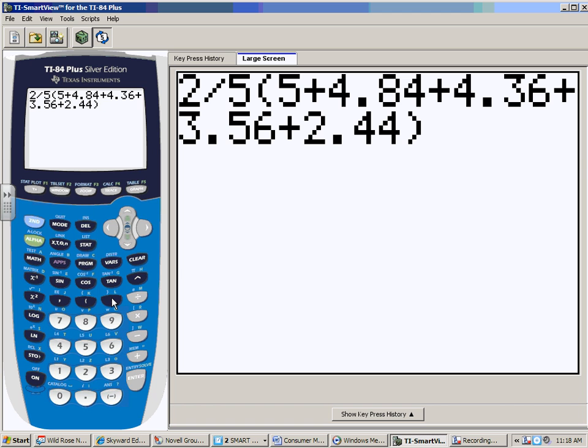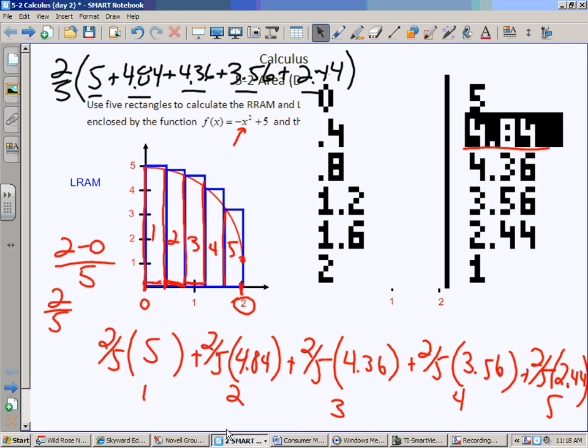I think this is going to work. Let's find out. 8.08. And this answer is going to be a little bit big to what the actual answer is because of these areas right there. It's not too bad, though.